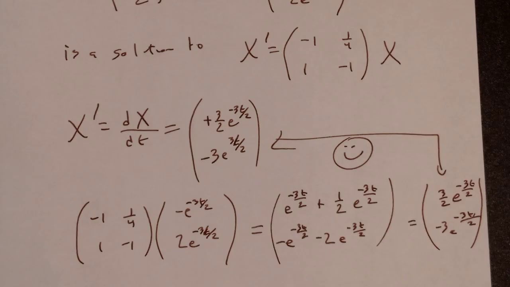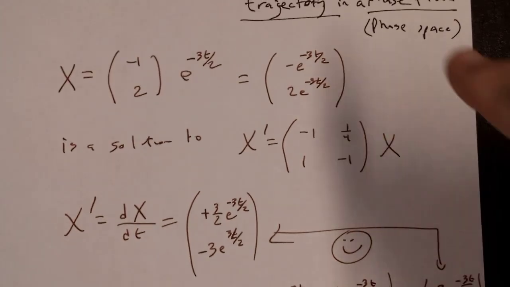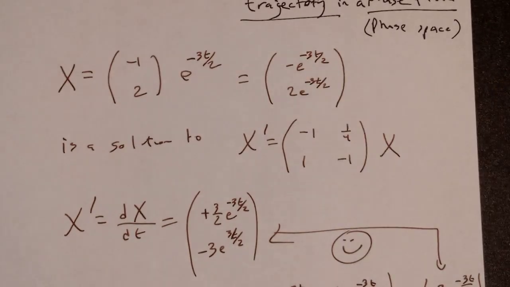Now, please remember back in chapter 4, we said that if we have a solution, it has an interval. Where are these functions defined? Are x1 of t and x2 of t... where are they defined?